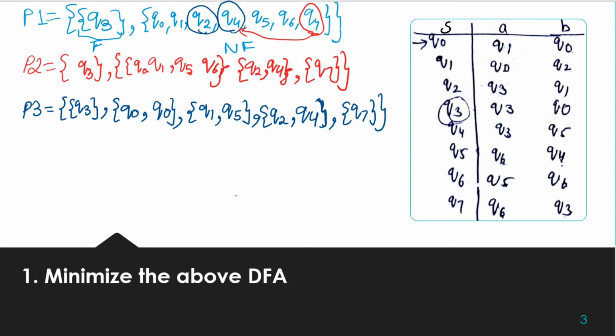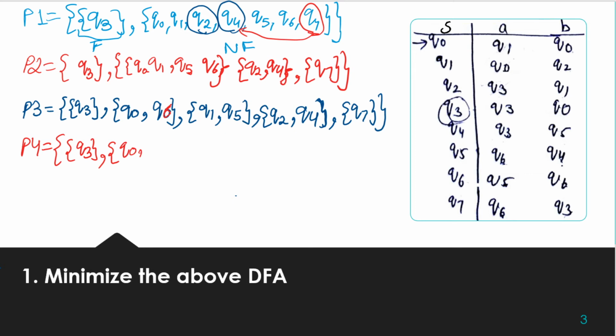So we have to repeat the same process for partition 4. For partition 4, the first group is of Q3 and next, sorry, this was Q6. This was Q6. So we are keeping Q0.